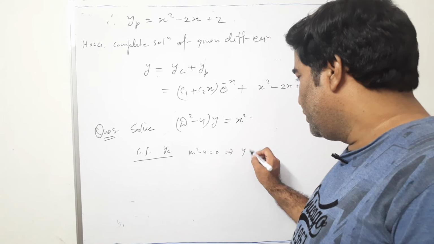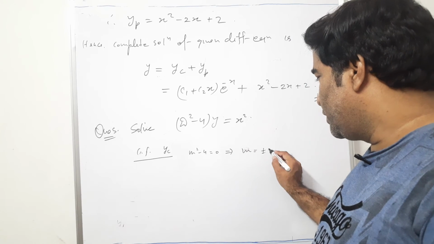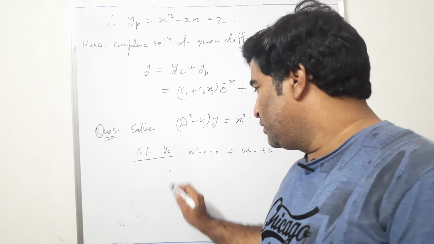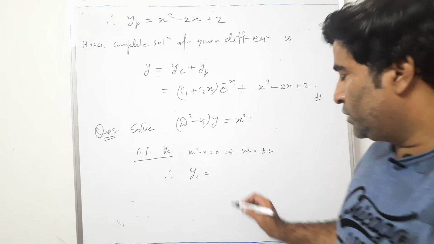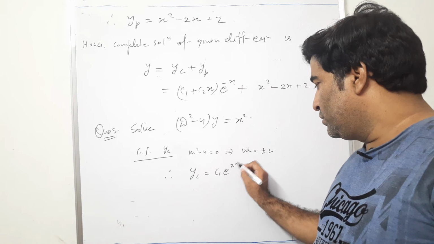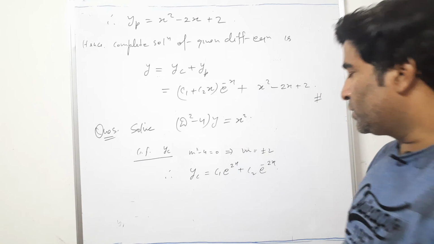From here we have roots of this equation ±2. So we have two distinct roots. Therefore the complementary function of the given differential equation is c1 e^(2x) + c2 e^(−2x).